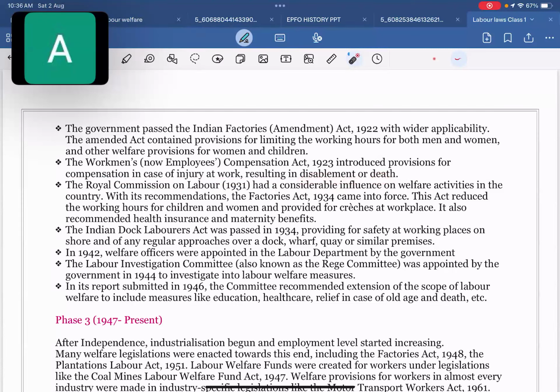So what will they do? Compensation in case of injury at work resulting in disablement or death. They will remove this word, and they will ask you to mark the correct one. This is the cunningness of UPSC. They will just change the keywords, or shift the keywords from one option to another option.